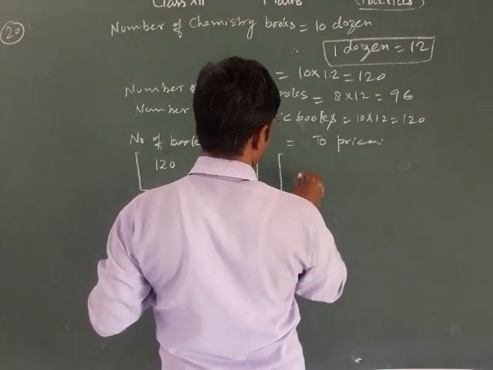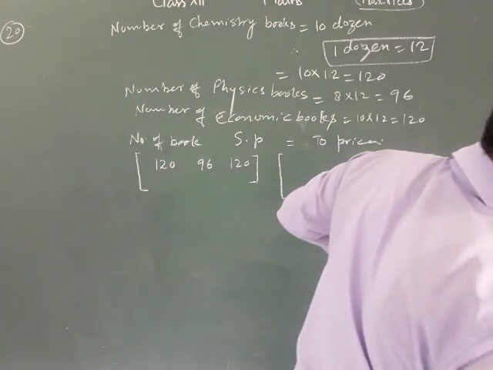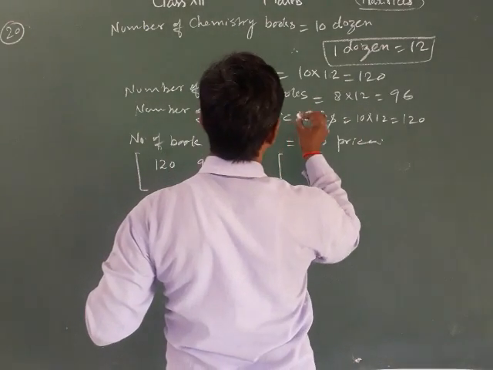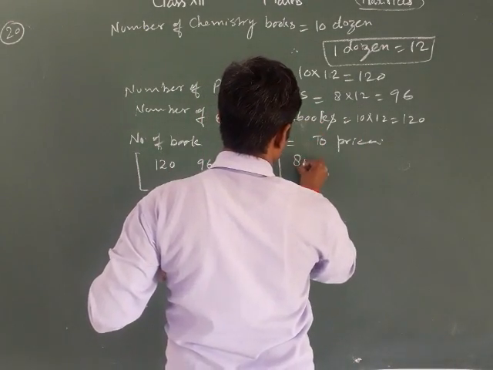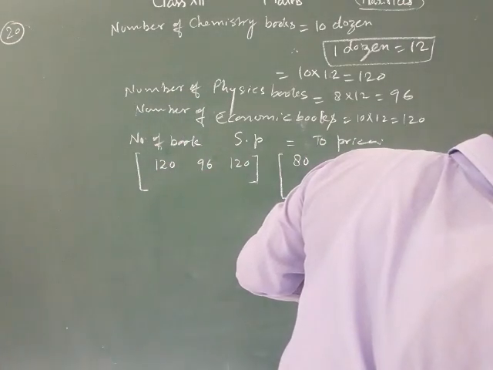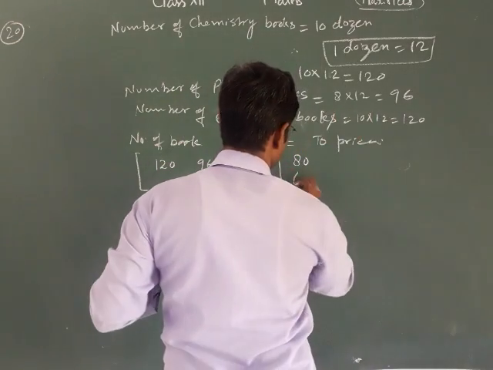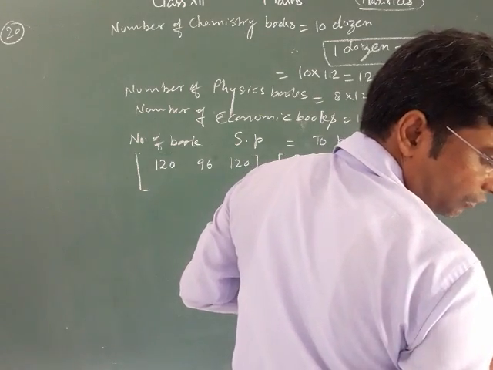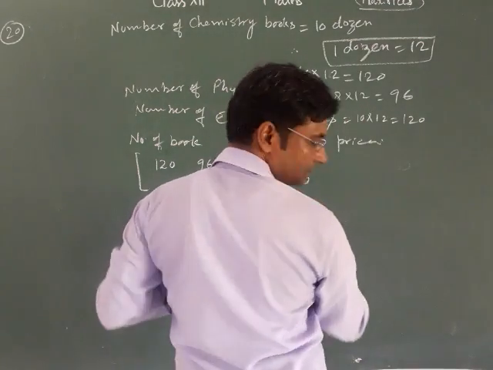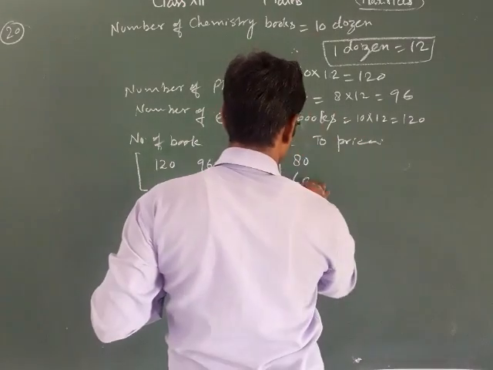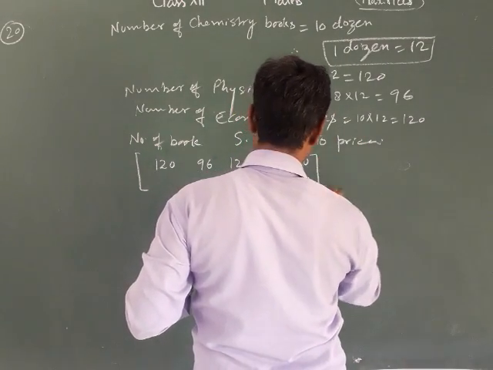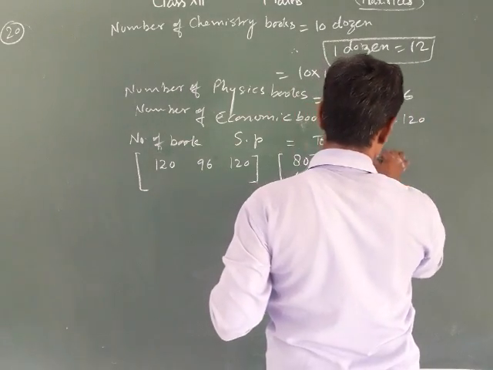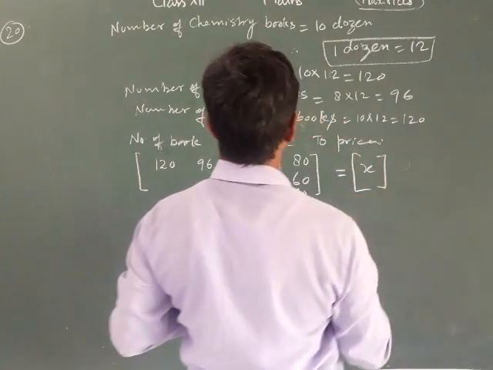And the selling prices are 80 per chemistry book, 60 per physics book, and 40 per economics book. The total is equal to the number of books times the price, x.